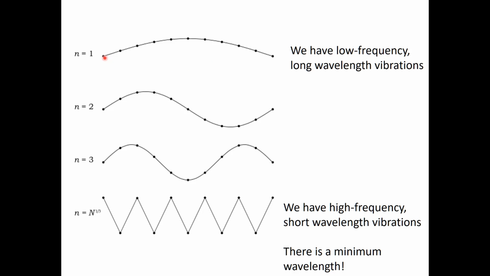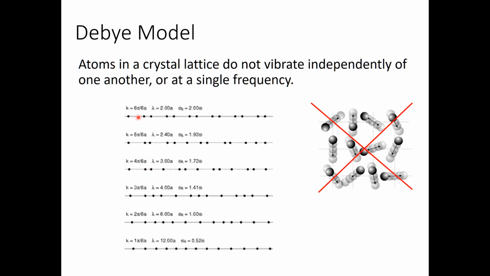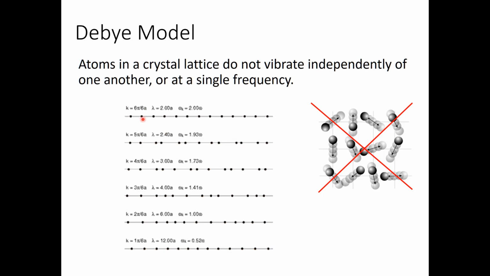If I fix the boundary conditions at the end, which is that these fixed points do not move, I can start enumerating all of the possible waves, and then there is some maximum frequency that I can vibrate. This is the high frequency, short wavelength vibrations, and so there's actually a minimum wavelength, right? So this expression down here corresponds to this part right up here. So I cannot vibrate the system any more vigorously than this right here. This is the maximum frequency that I can get in my system.